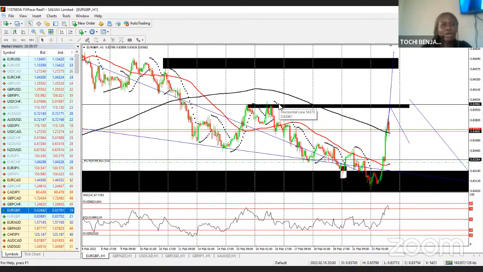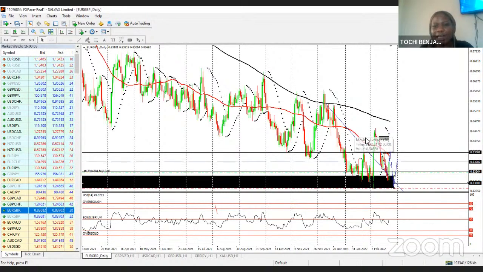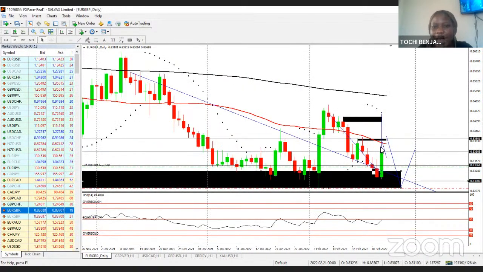Just like me, I might not be interested in taking profits here. Why? Because on my daily time frame, it's almost an insignificant level for me. This is the first level we identified on H1, this one. What this means is that this price can come here.